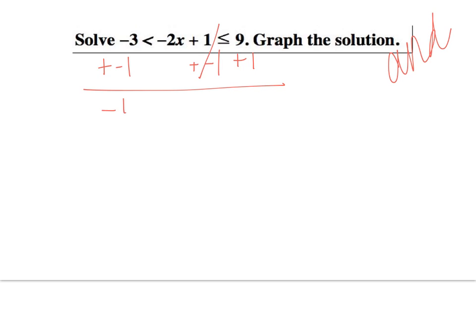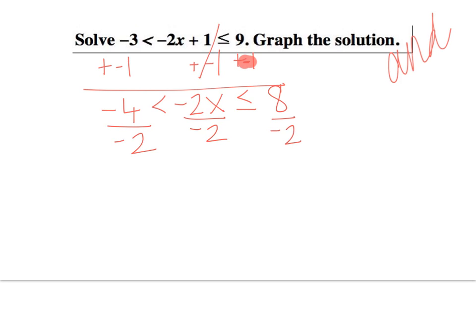So it becomes -4 is less than -2x, which is less than or equal to +8. So again, if I look at this x is not alone yet. So now I need to divide by -2.